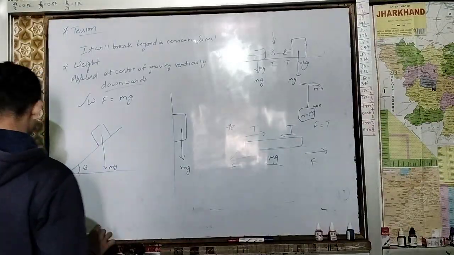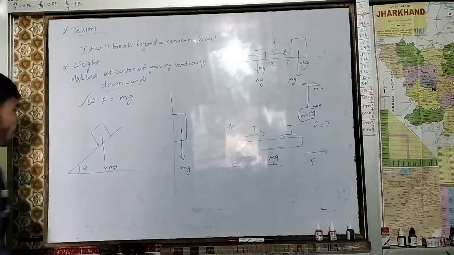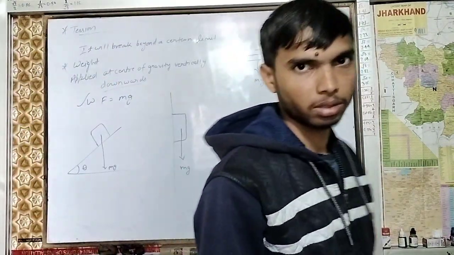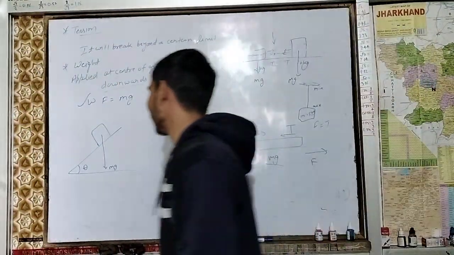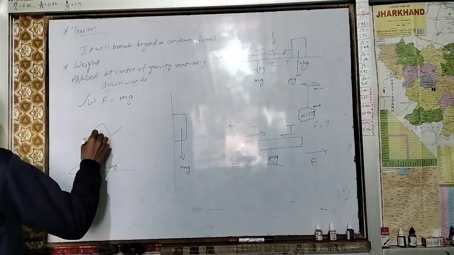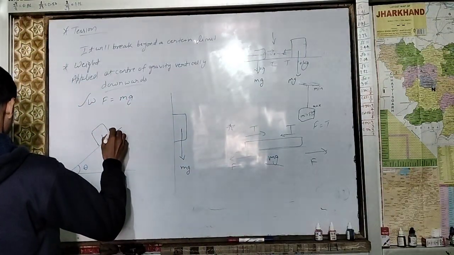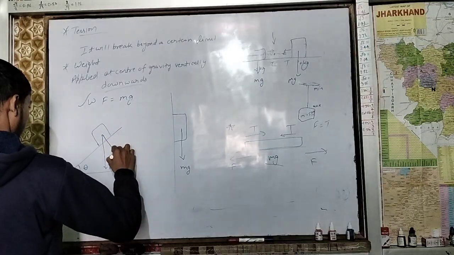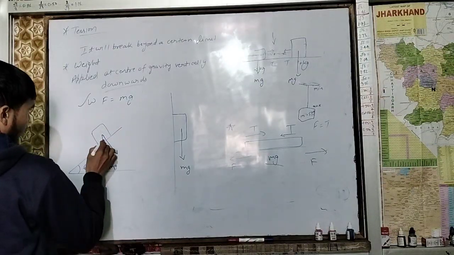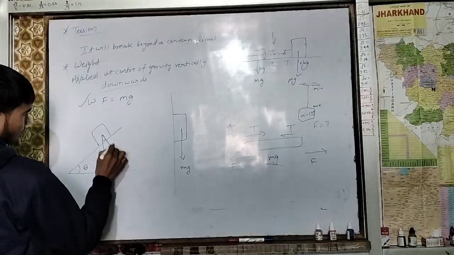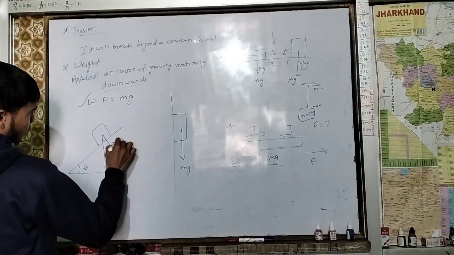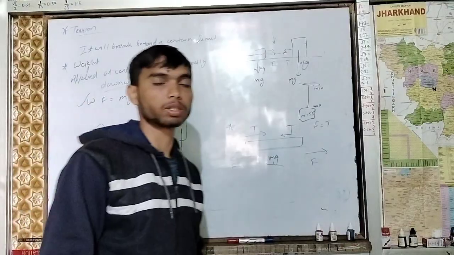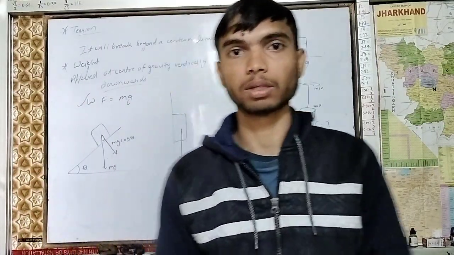We can break this mg into components, x and y. If the angle is theta, this side will be mg cos theta. We are just breaking the components of a given resultant force.